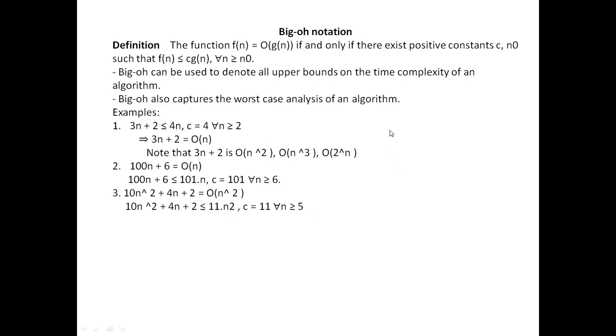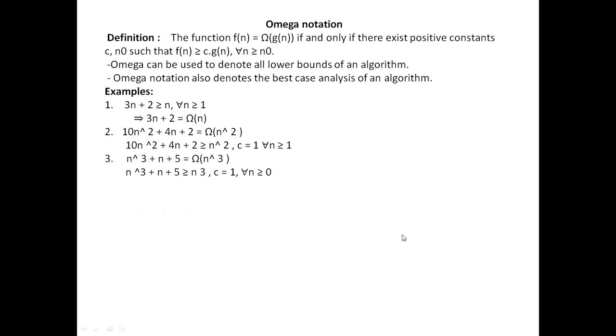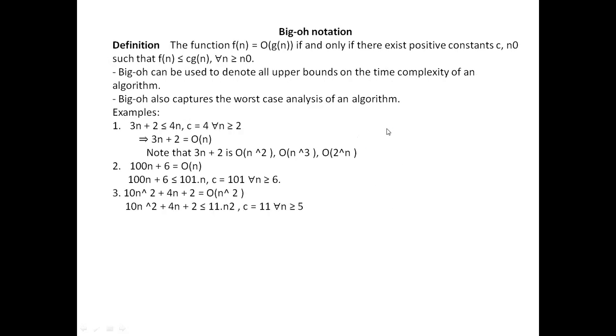So when you draw the graph for this one, this is the y-axis, this is the x-axis. The x-axis will tell you the size of the given input, and the y-axis will tell you the time. Okay.